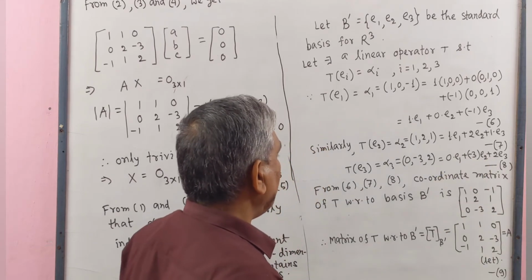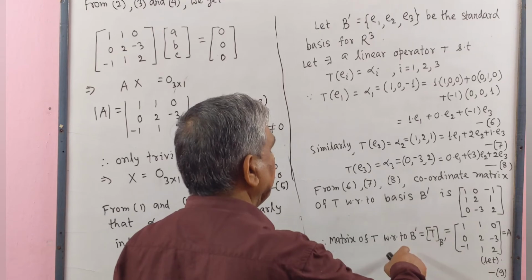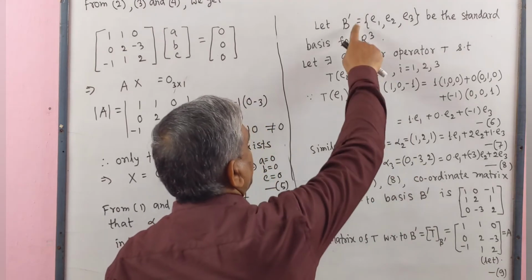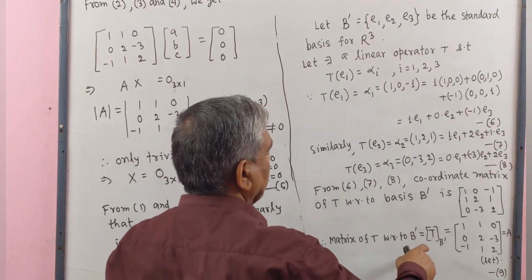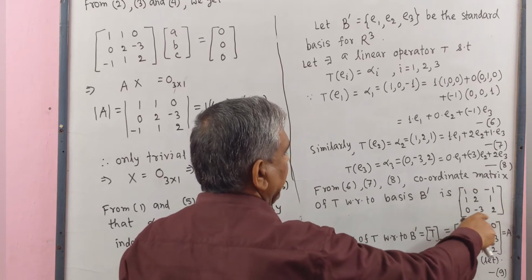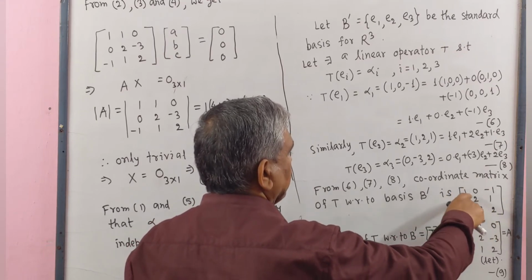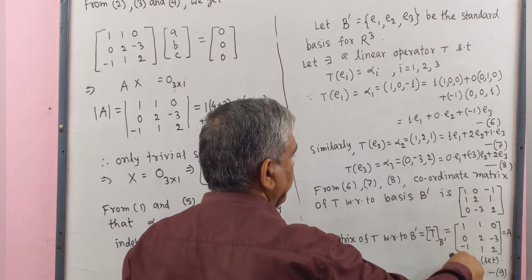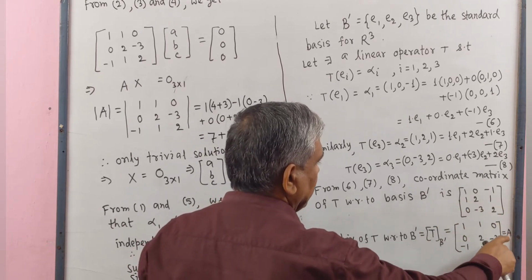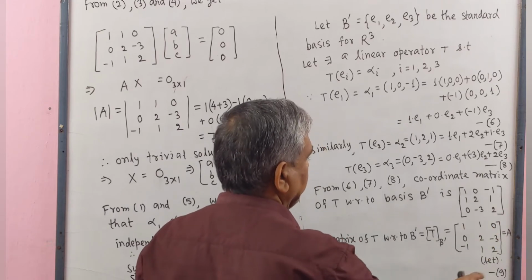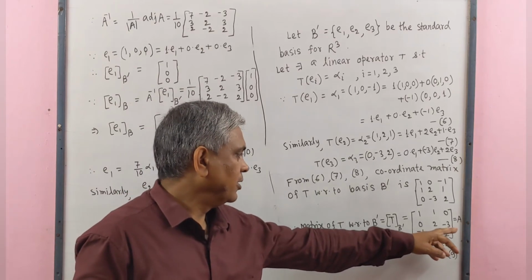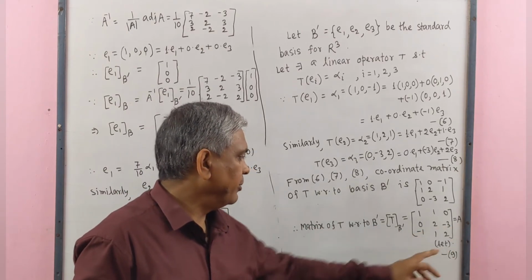Therefore, the matrix of linear transformation T with respect to basis B prime equals, we transpose this matrix: the first row becomes the first column, the second row becomes the second column, the third row becomes the third column. Let this be A, and this is equation number 9. Now we find the value of A inverse.